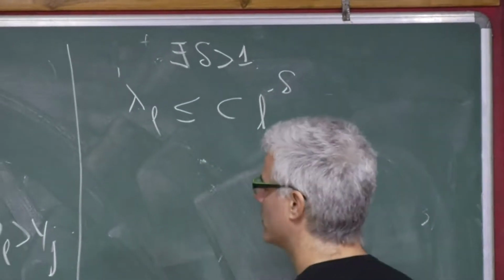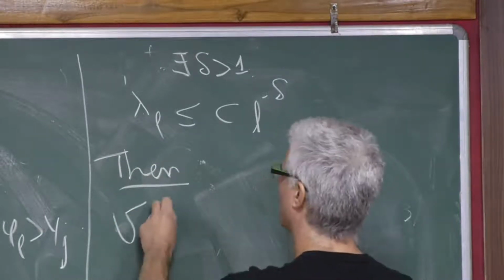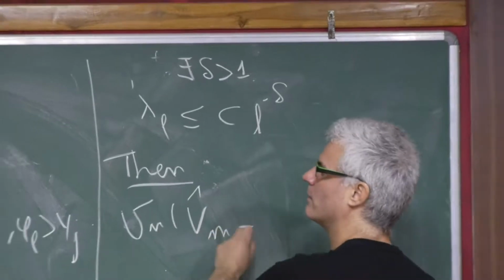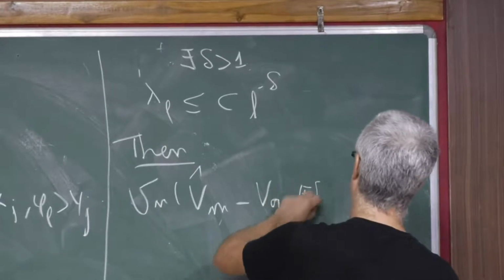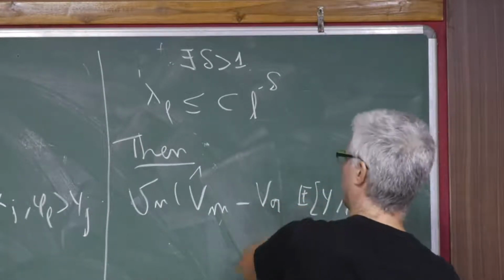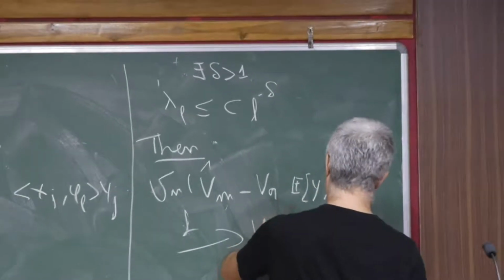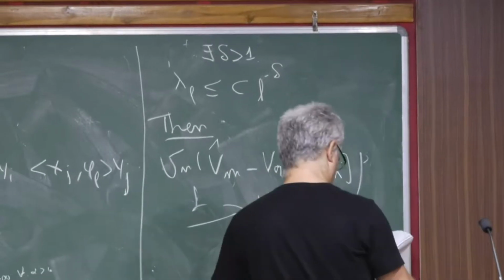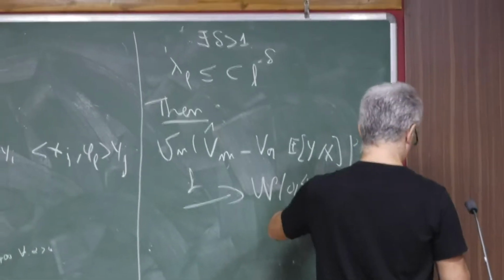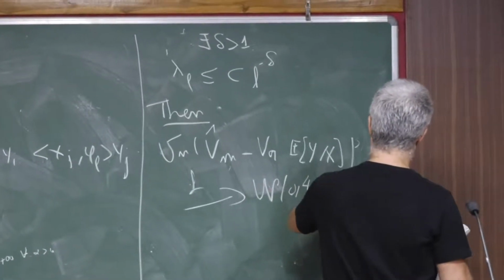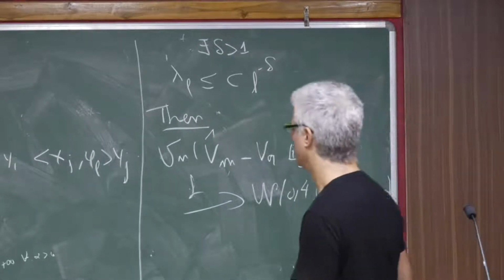Okay, and if you have those assumptions, what we can show is that the square root of n times the estimator minus the variance converges in law to some Gaussian, and the limiting variance is 4 times the variance of y times x beta.